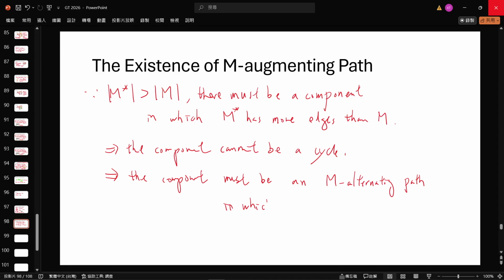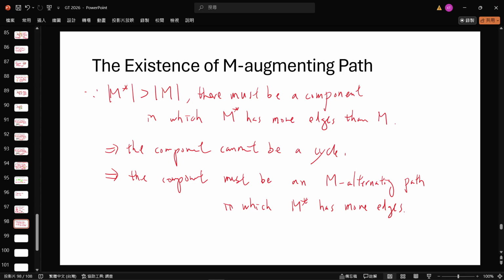Moreover, in this alternating path, M star has more edges. In other words, the number of yellow edges is greater than the number of green edges. So we have more yellow edges and fewer green edges.